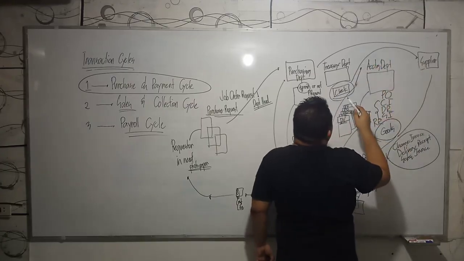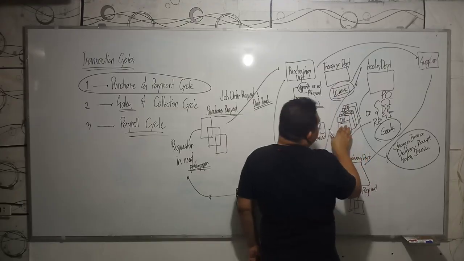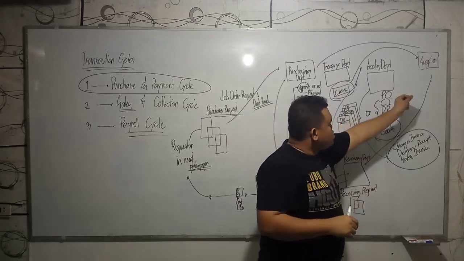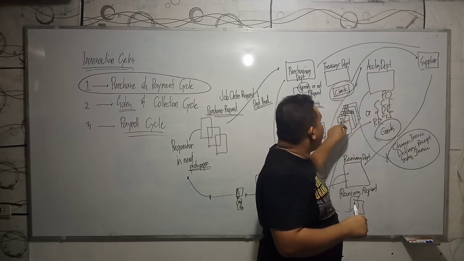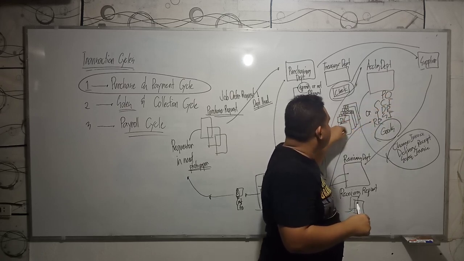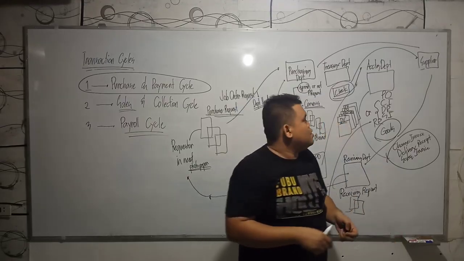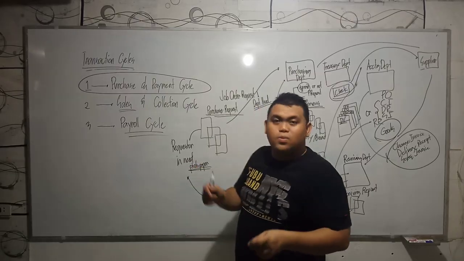Of course, when submitting the check to the supplier, normally the disbursement voucher and the attachments also will be sent to the supplier so that the supplier will sign that it has received the check in the disbursement voucher. Something like that. So that's how the purchasing and payment cycle works.